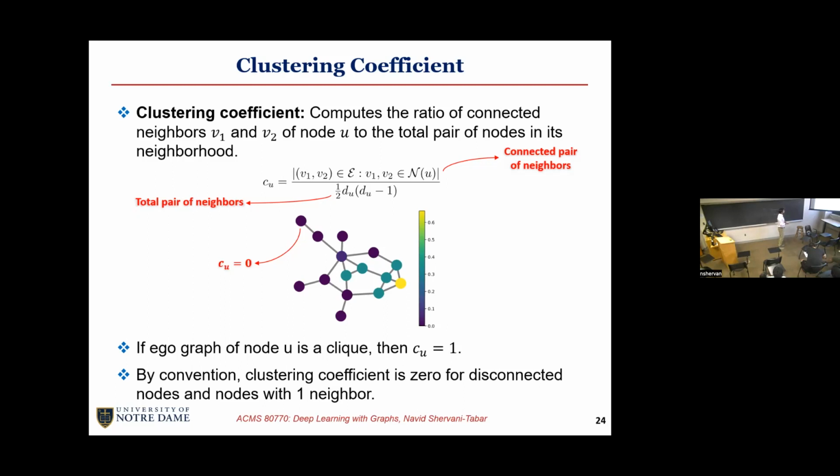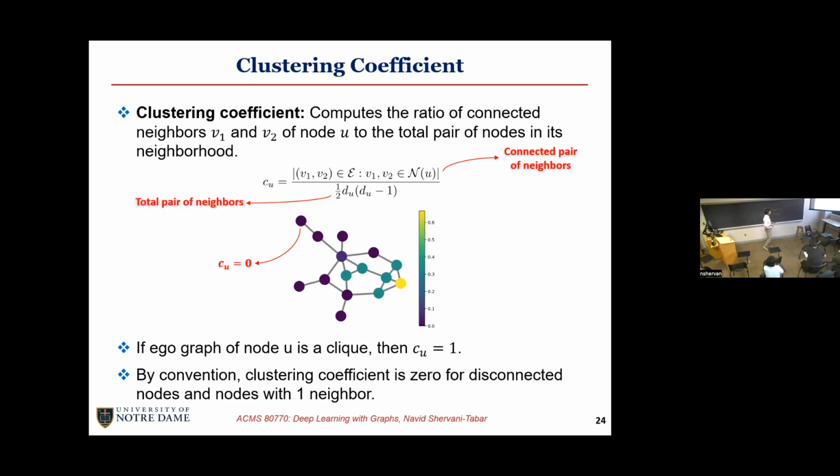Now, if we looked at this node, we saw that 2 out of 3 pairs of nodes in this neighborhood are connected to each other, and that gave us a 66% centrality. If we also had an edge between the other pair of nodes, we would have had 100% or 1 as centrality.